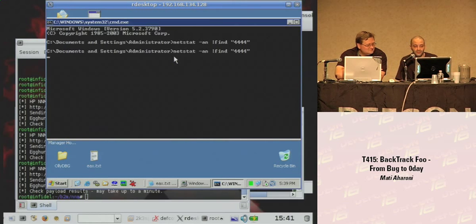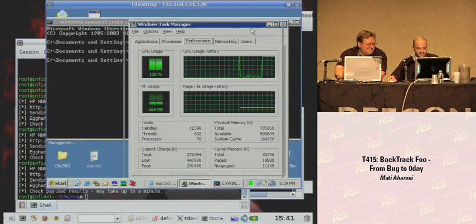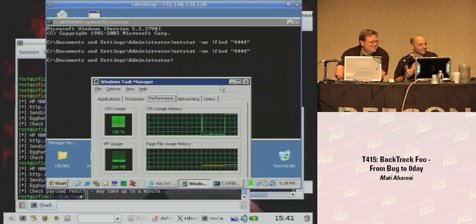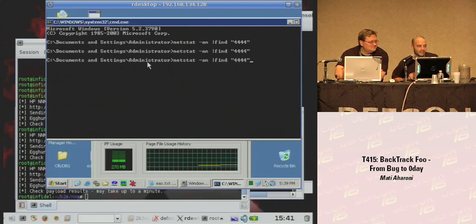The machine is so slow, it's actually delaying the output of netstat. It's like, just give me a second, I'll have it there, just a sec. Isn't that beautiful? All right. So the egg hunter looks like it's calmed down, which would probably indicate that we've got our shell.